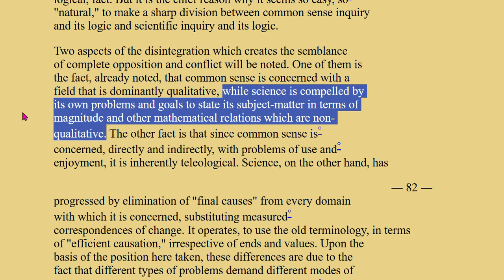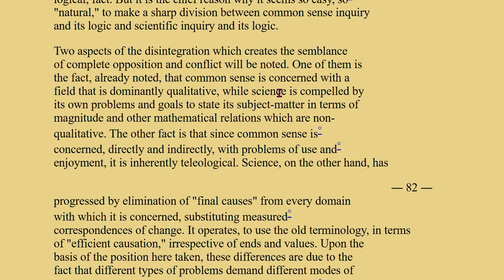So we sometimes oppose or distinguish the qualitative and the quantitative and say that science deals with the quantitative. That's a bit of a simplification, but that gets us in the right direction for the time being. Common sense is concerned with the qualitative world, and science is concerned more or less with what can be quantitatively known.